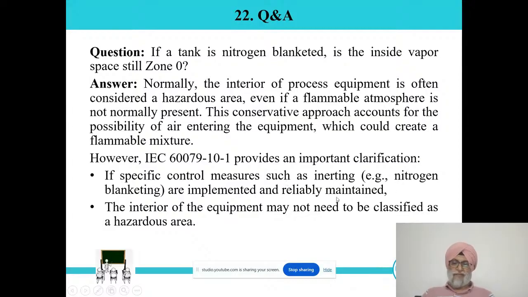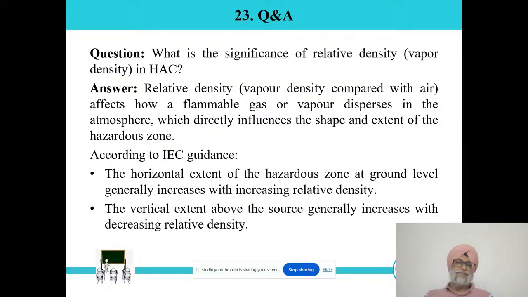So we have to provide a flow meter in the nitrogen supply also. Through this, we can maintain the validation or the reliability. Second, the interior of the equipment may not need to be classified as a hazardous area in such cases. But of course, reliability should be there, either through the nitrogen flow or through the oxygen sensor.